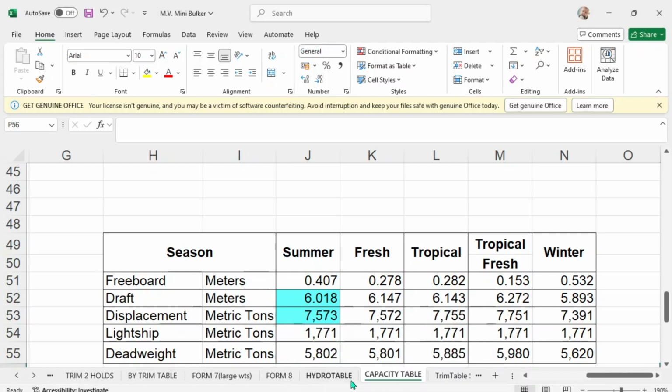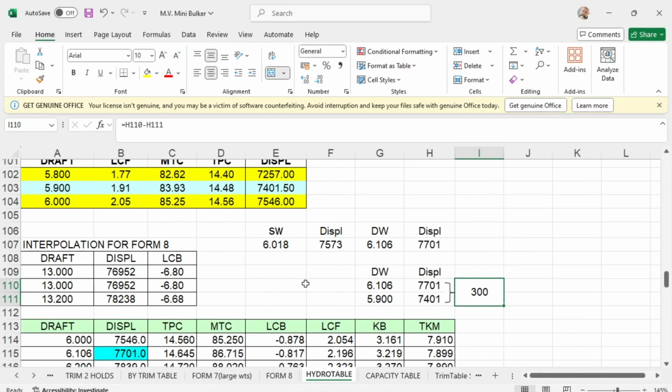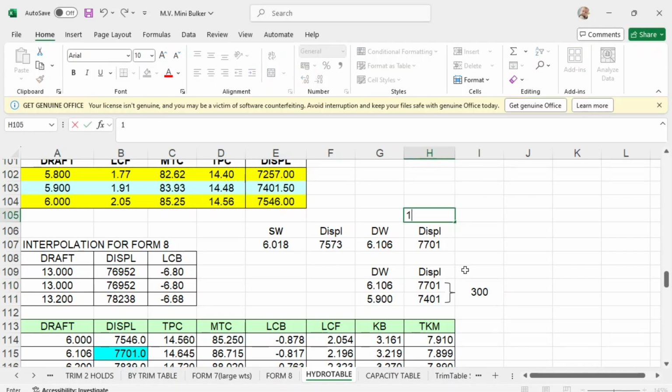So what I did is, this is 7573. So what will be his displacement if he's floating in 1.018? Okay, so to convert this to dock water, his draft would be 1.016 and his displacement would be 7701, floating in 1.018.